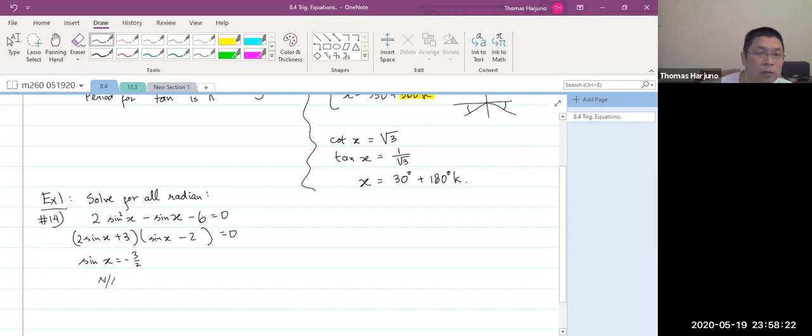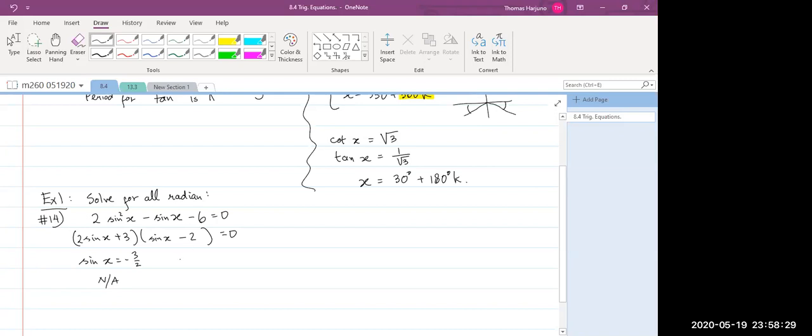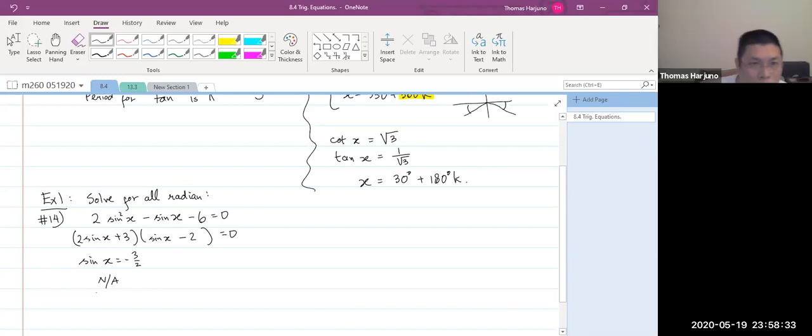Not applicable, right? Why is it not acceptable? It's not applicable because the range of sine x is between -1 and 1.